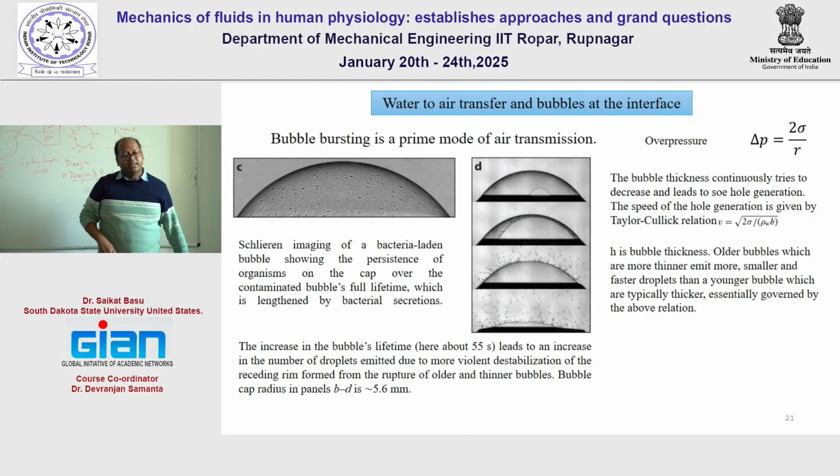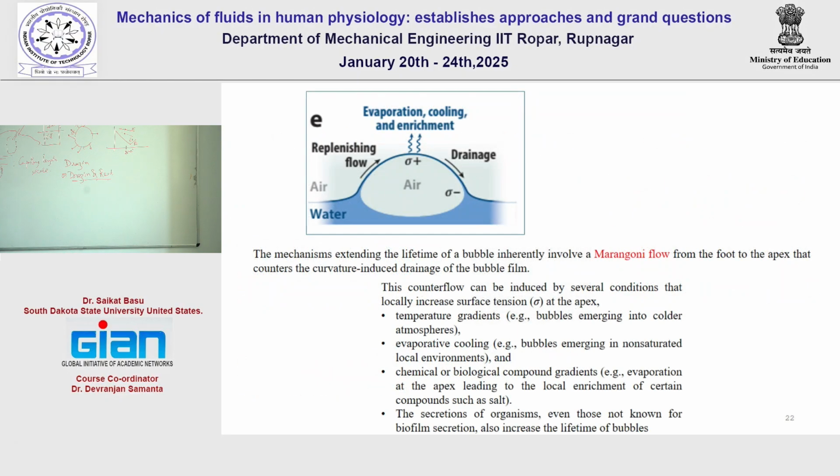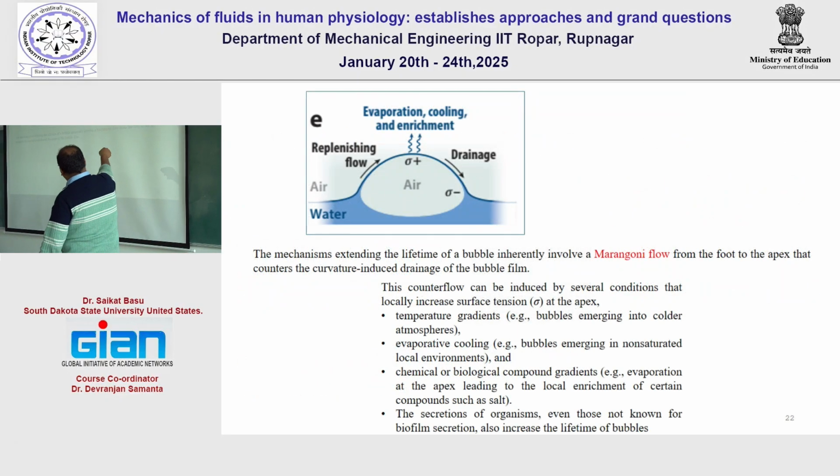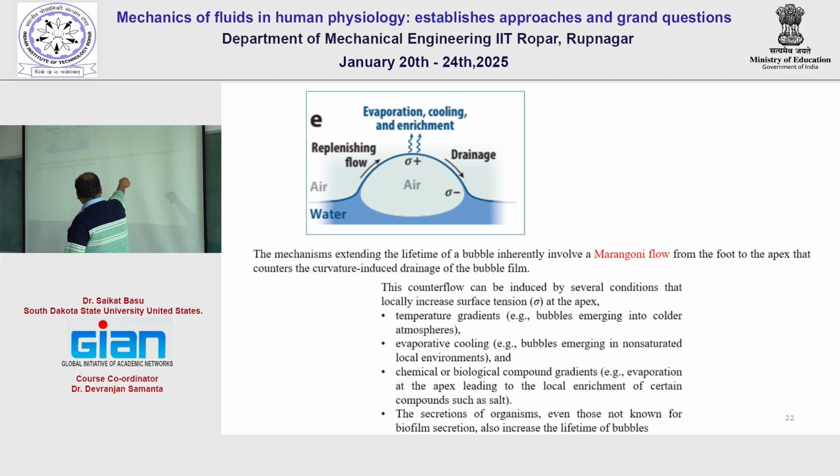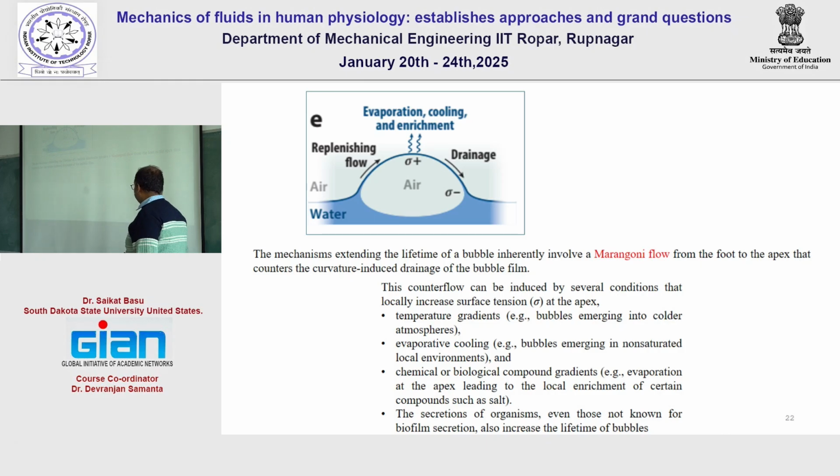On the other hand, there is another competing phenomenon, something called Marangoni flow. Do you know the Marangoni flow? Marangoni flow happens due to the surface tension gradient. Let's say there is a higher surface tension and a lower surface tension. The lower surface tension fluid will be pulled by the higher surface tension region.